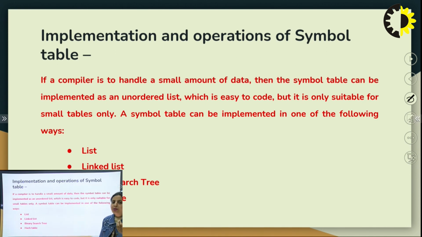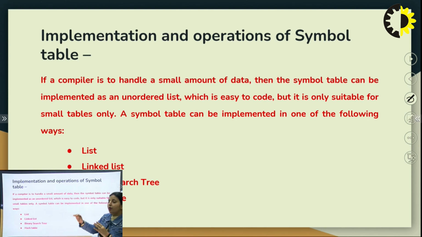Means if the data is very small, then there is no need of any other ordered list like array, linear list or any other graphical representation list. An unordered list can be used to store that data in the symbol table, which is easy to code, but it is not suitable for a large amount of data.